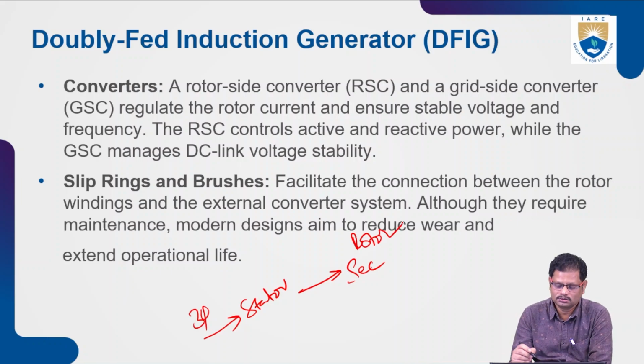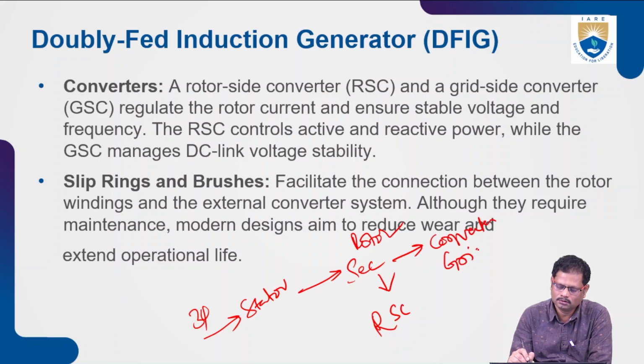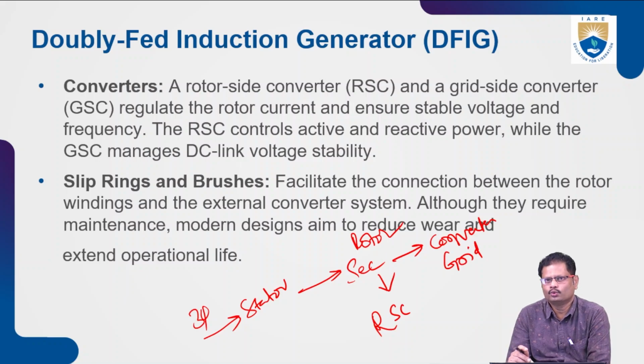Rotor side converters are used here, and the rotor is also connected to the grid, so grid side converters are also used. There are two converters, rotor side converters and grid side converters, used on the secondary side.